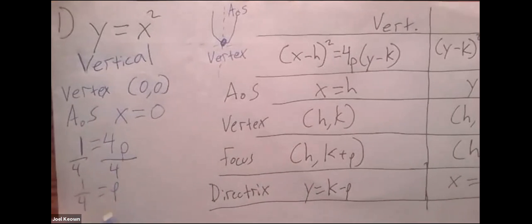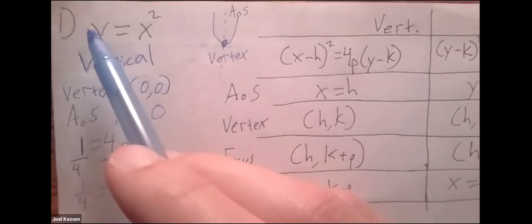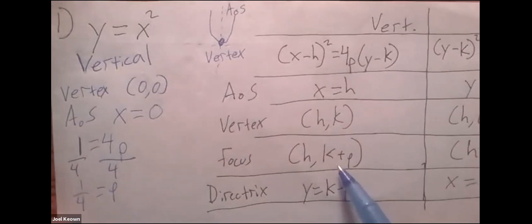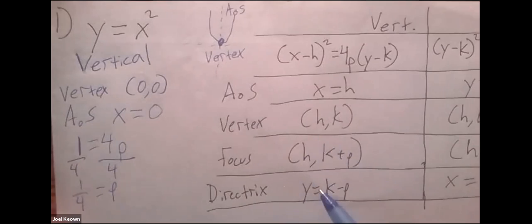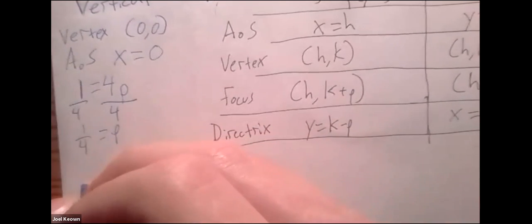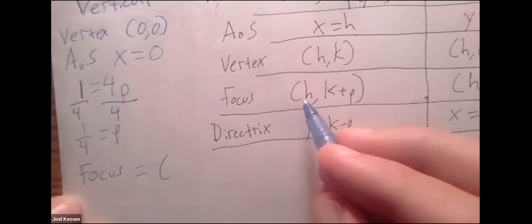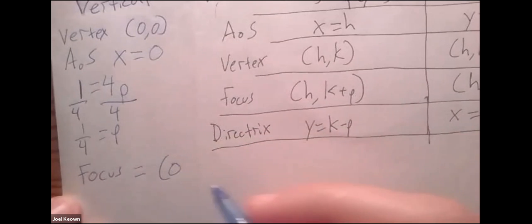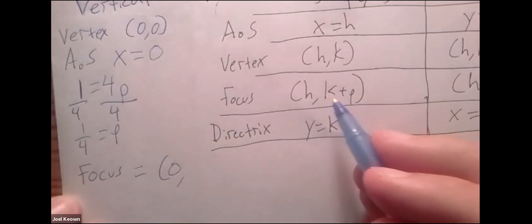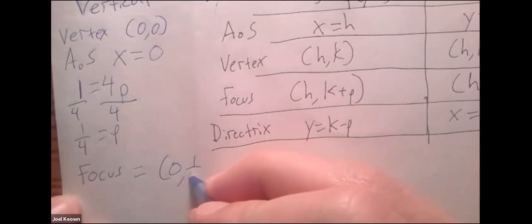And that's going to pop up a lot. You're used to seeing that, well, if there's no number in front of y, p is just 1/4. So now let's plug p into this equation and find our focus and directrix. So let's start off with focus. Our focus is h, which we said is 0, comma k plus p. Well, k is 0, and p is 1/4. 0 plus 1/4 is 1/4.